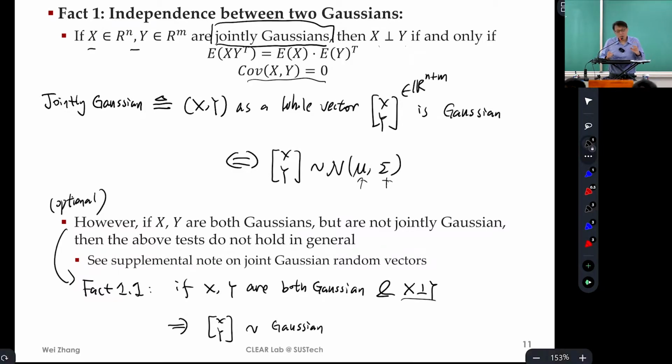But if these two are independent, the construction is Gaussian. This fact is somehow useful, but I don't need you to fully understand it. All you need to know is that if x and y are jointly Gaussian, then independence means covariance is 0, or uncorrelated.